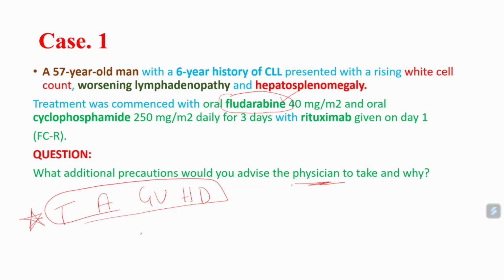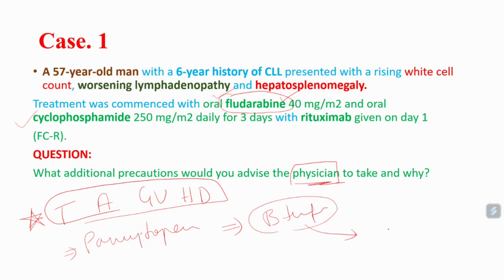And you have to advise the physician that cyclophosphamide is a potent cytotoxic drug, and fludarabine is also a potent cytotoxic drug. So in these two conditions, the patient will definitely develop pancytopenia. So what should you advise the physician? Blood transfusion should be done, and this blood transfusion should be irradiated.